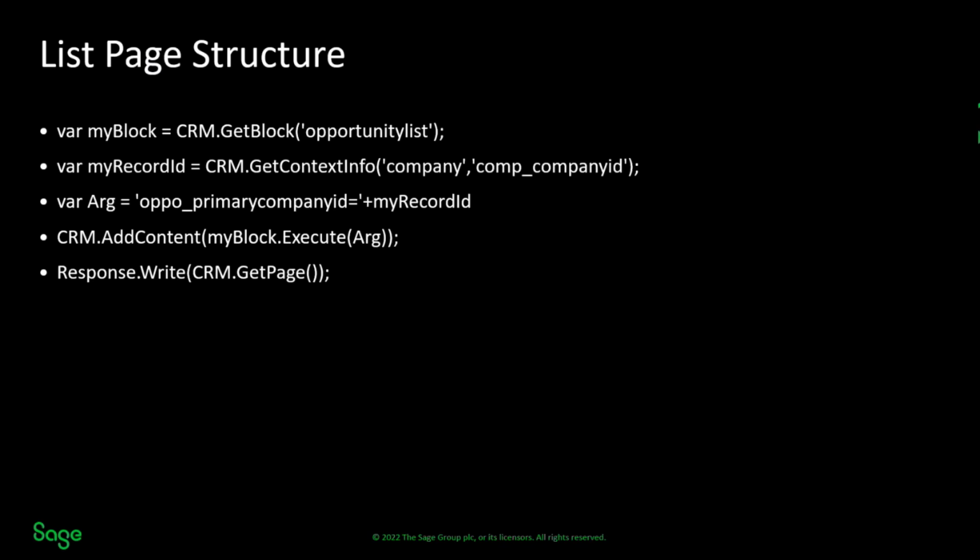Sage CRM relies on metadata to do the heavy lifting. Where you see it saying crm.get block opportunity list, it's looking and reading directly into the metadata tables at an object called opportunity list.